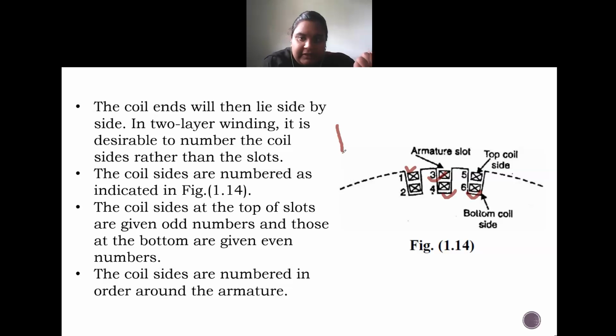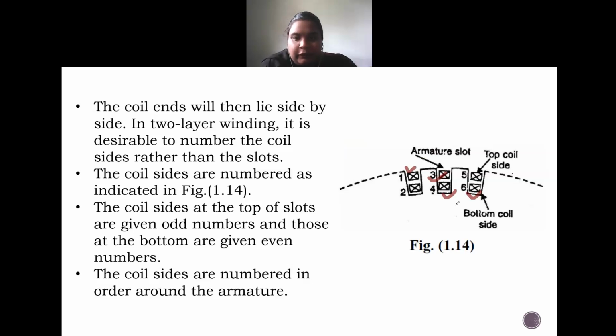If two slots are there, then 1 and 4 will be connected something like this. I'm not able to draw it well, but then this 2 will be connected to something else, so that connection will not overlap with the previous connection. That is why we are going for this type of arrangement.